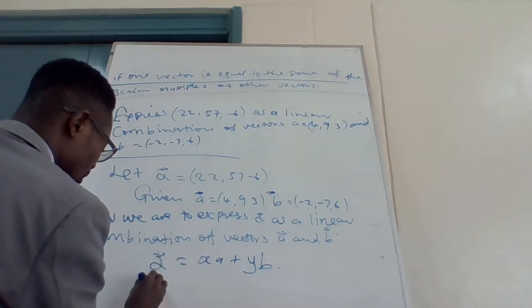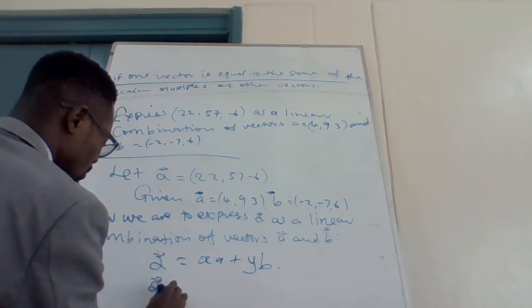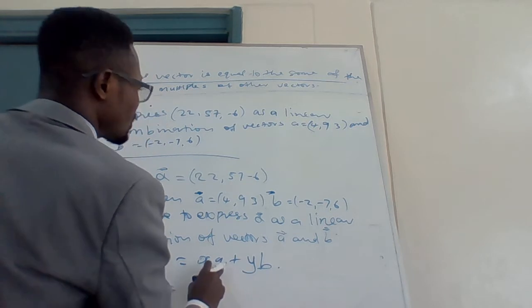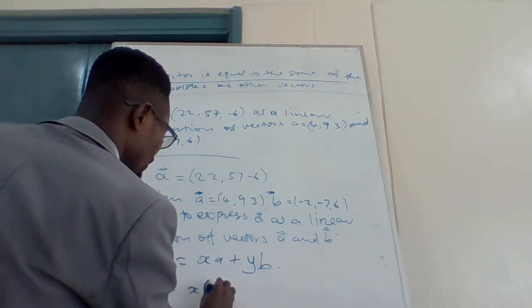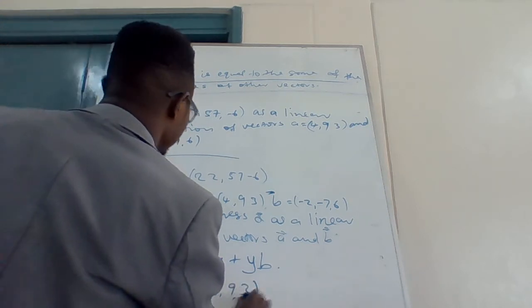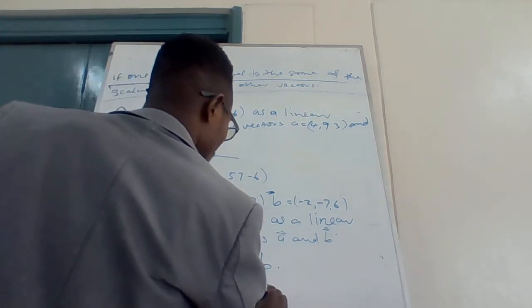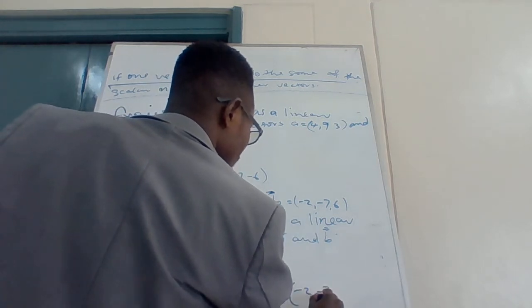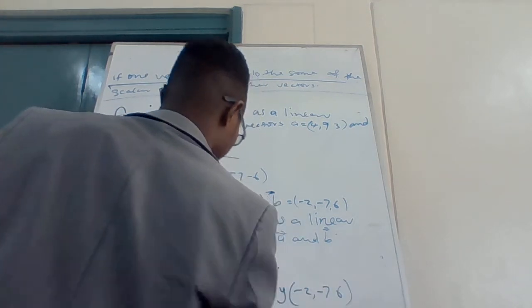So our vector alpha will be x times vector A, which is 4, 9, and 3, plus y times -2, -7, and 6.